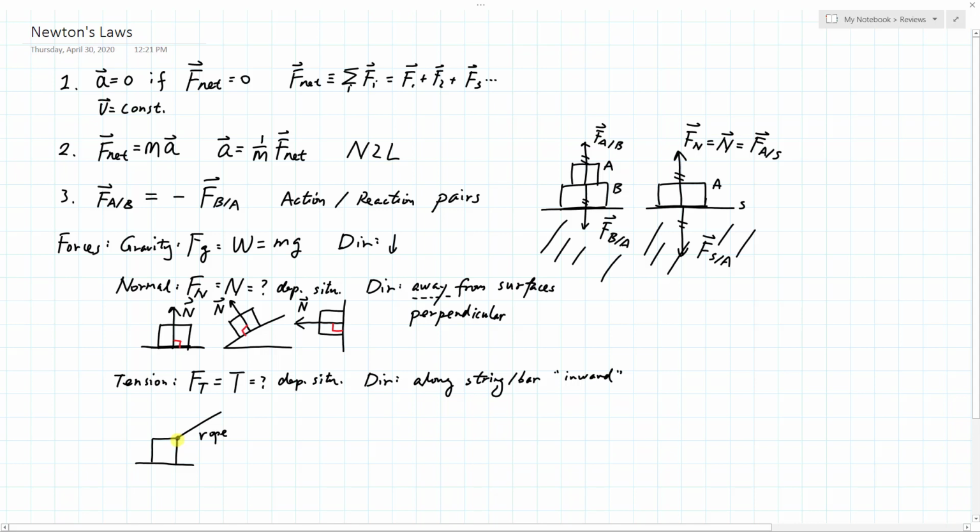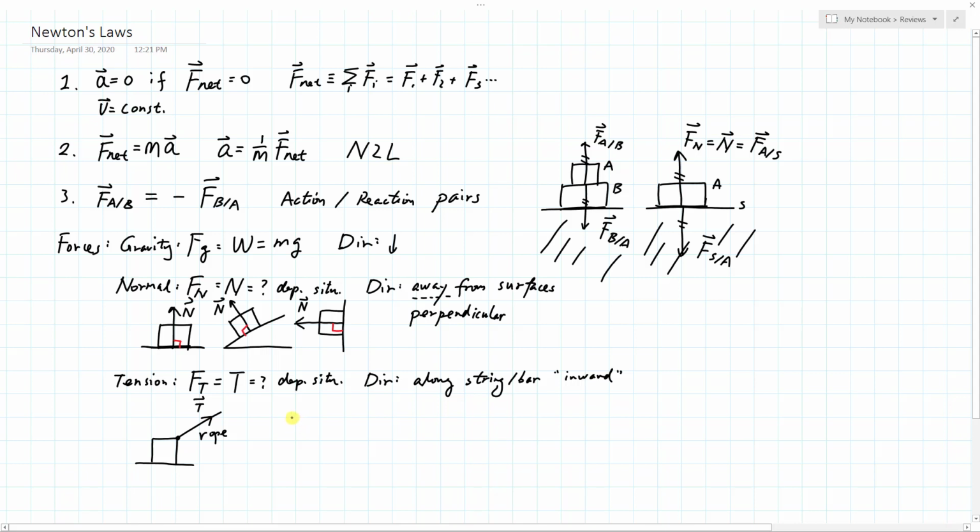And since tension is kind of inward towards the rope itself, the tension over here is going to point this way. So I'll just draw a vector here and call this tension. We just wish the rope away and replace it with a line. This is a tension force.